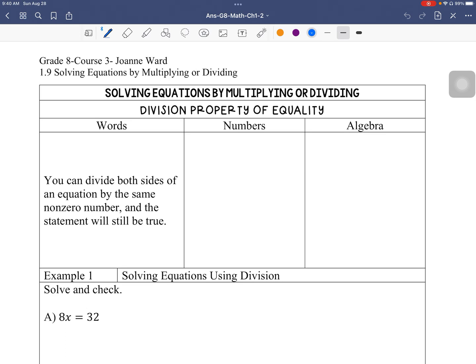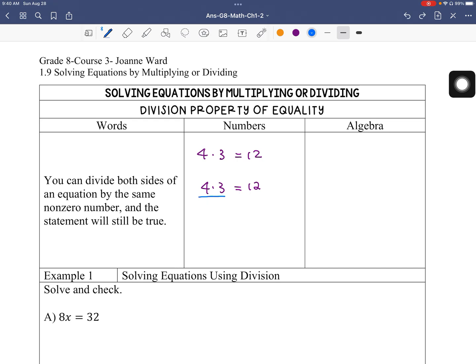The idea here is that we can divide both sides of an equation by the same non-zero number and the statement will still be true. For numbers, 4 times 3 equals 12.